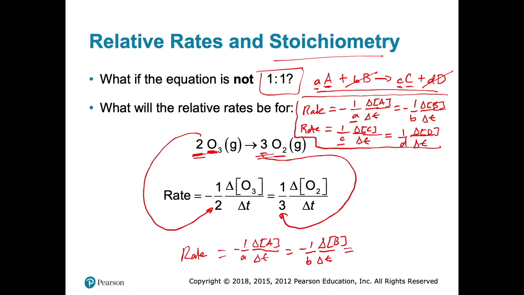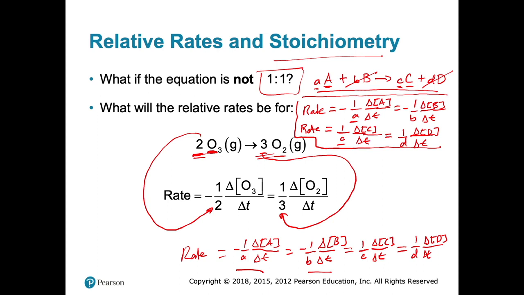Remember that both of these are reactants, and that's why they're negative. But then we come over here to the products, and it's positive, so now you can just write equals 1 over little c times the change in big C's concentration over the change in time. And the same thing is also true of D, 1 over little d times the change in concentration of big D all over the change in time, like so.